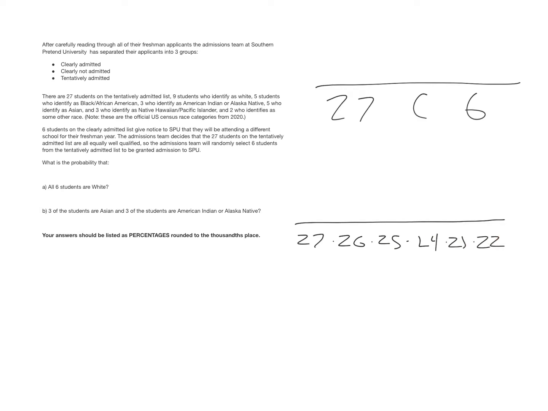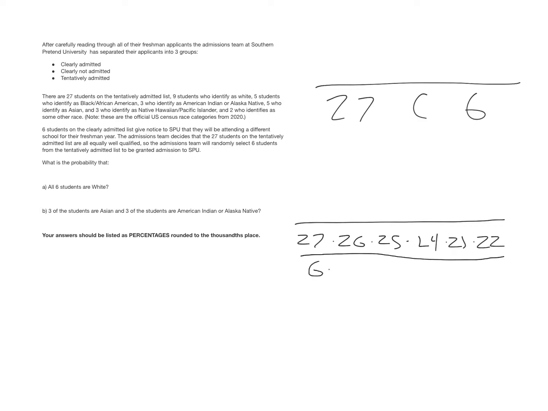This is as if, how many ways could I choose the first student? Well, now that I've chosen that first one, how many options do I have for the second? But again, this implies that the order in which I choose those students makes a difference. But that's not true. So we then have to divide this by, given any grouping of 6 students, how many ways could I rearrange them?